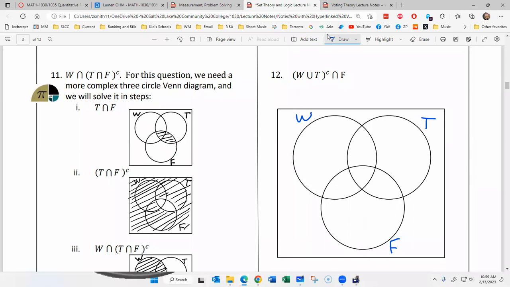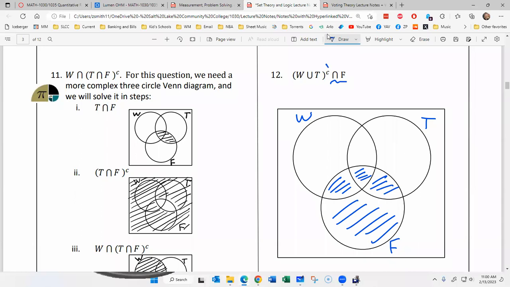All right, so this piece has to be in F. So the stuff that's in F includes this, this, this, this. So the right side says it has to be in F. And so now that's what we start with.